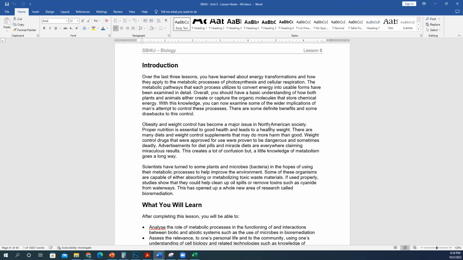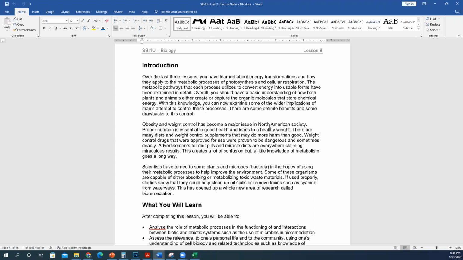So knowing this, we can look at the wider implications of how we try to control these processes. And there are definitely some benefits and some drawbacks as we try and control these processes.